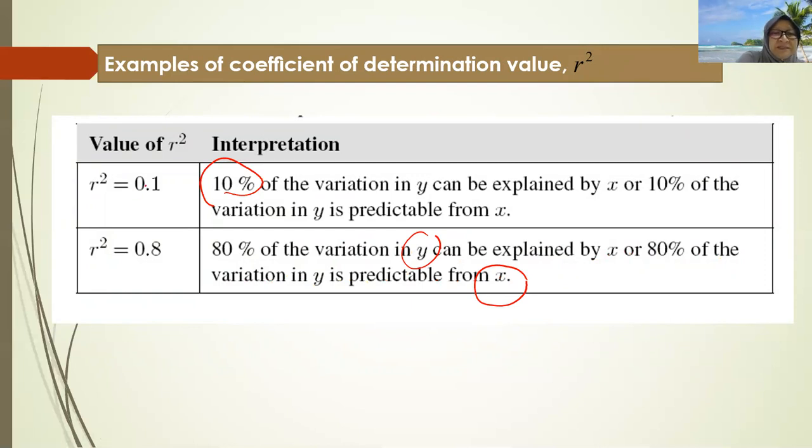In the first example, 10%, the effect of X is very poor, as compared to 80%.